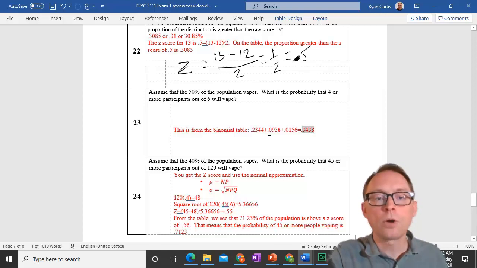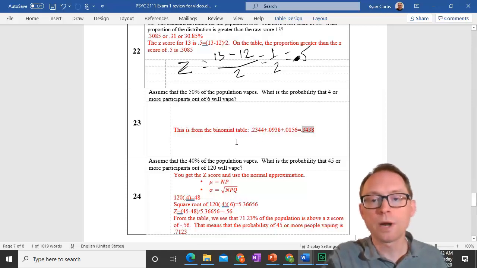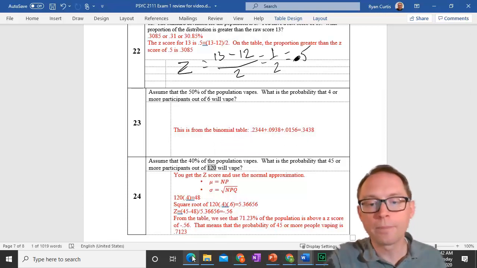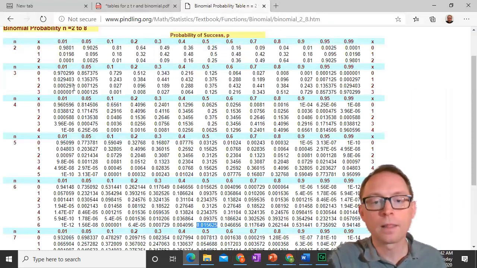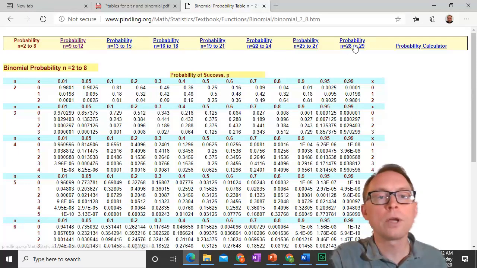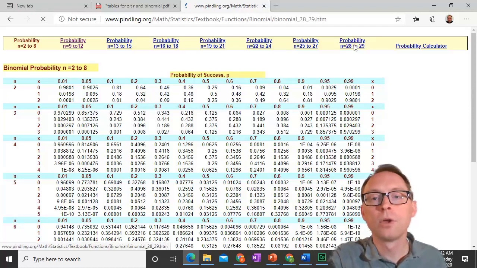Okay, 24. Assume that 40% of the population vapes. What's the probability that 45 or more participants out of 120 will vape? Okay, so the N here is 120. If we look at this table right here, we would need an N of 120.